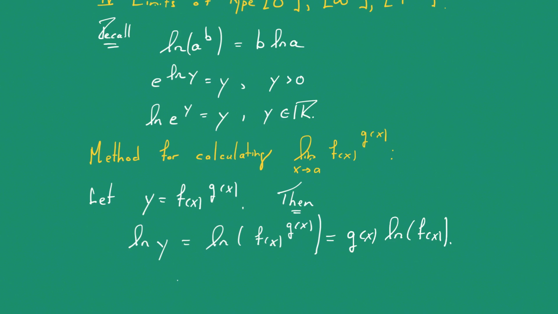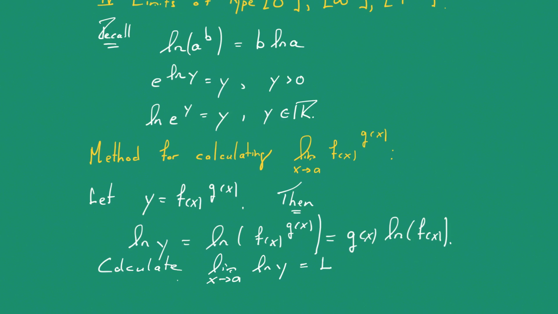Now what are we going to do? Well, now, remember, we want to know the limit as x tends to a of f of x to the g of x. In other words, we want to know the limit as x tends to a of what we've called y. Instead, we're going to start by calculating the limit as x tends to a of the log of y. And we'll be able to do this using our earlier methods.